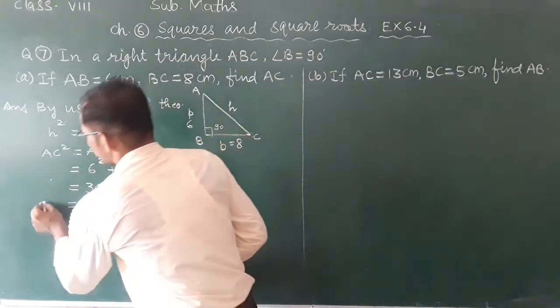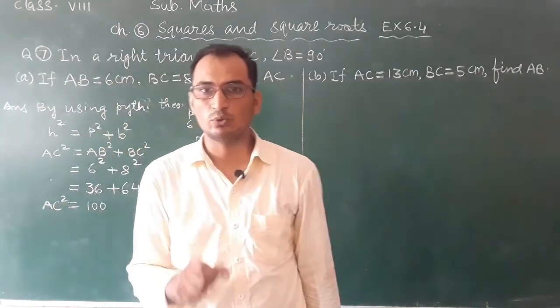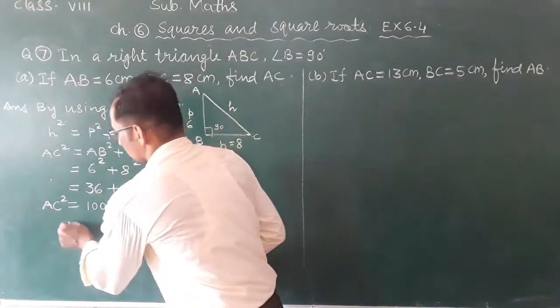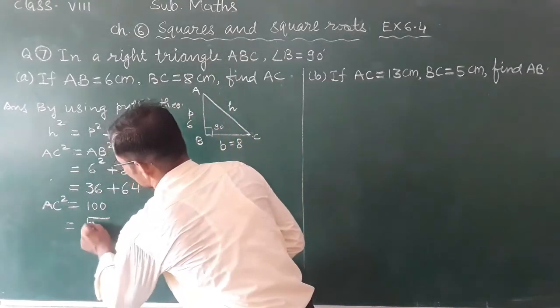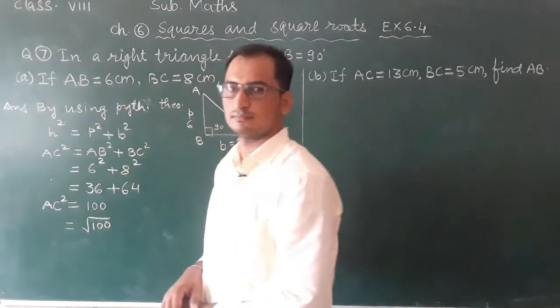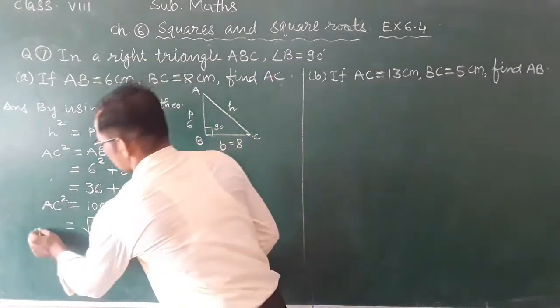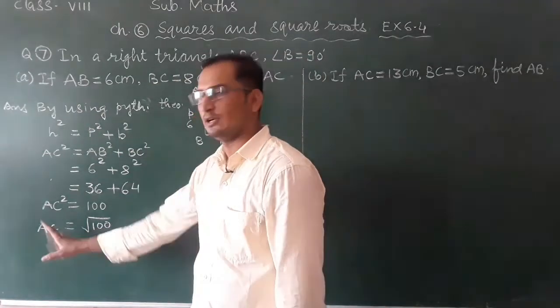It means AC square is equal to 100. We have to calculate only the value of AC, not AC square. So for finding the value of AC, we will calculate the square root of 100. Then we get the value of AC.